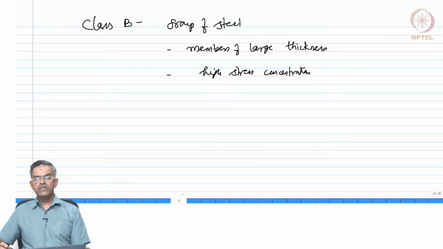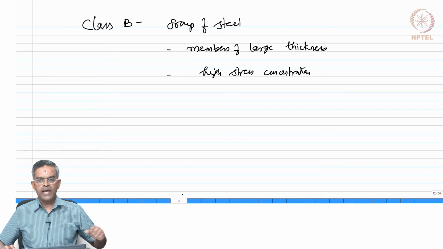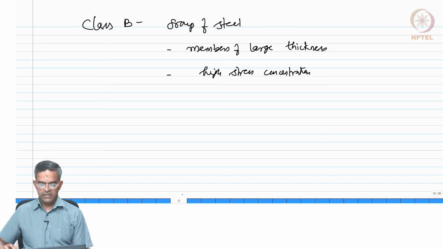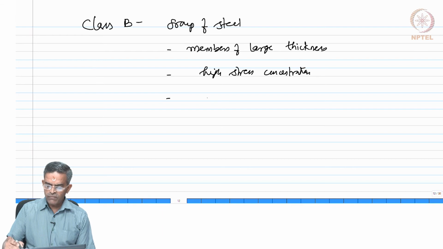Class B steel can be used on sections or members which are likely to attract large and higher stress concentrations. You can also use them where impact loads are expected.